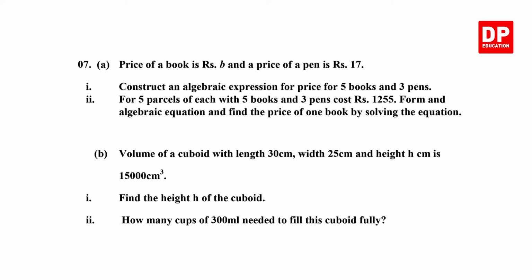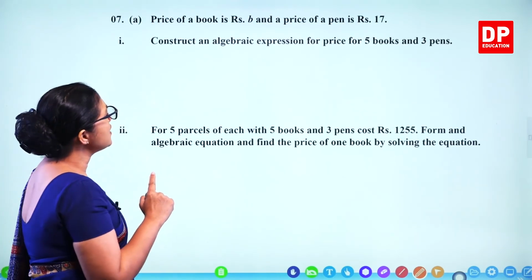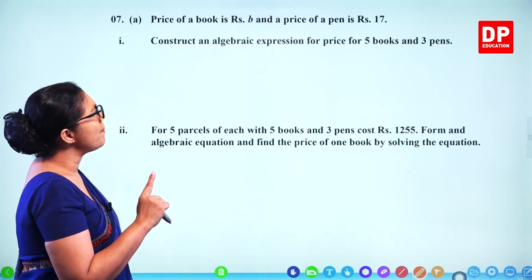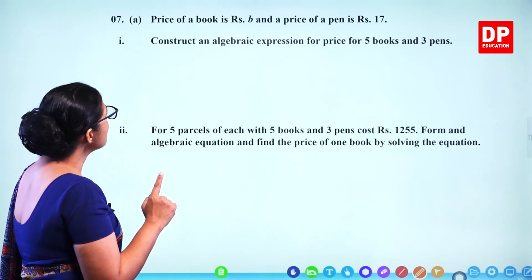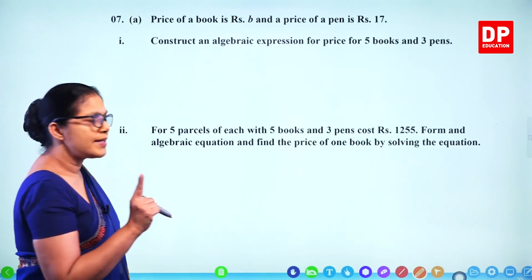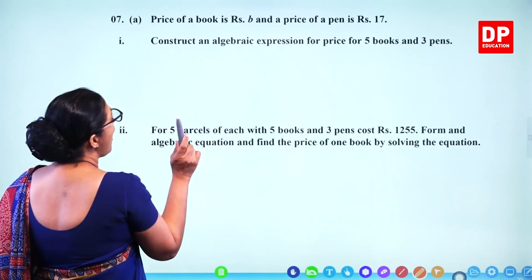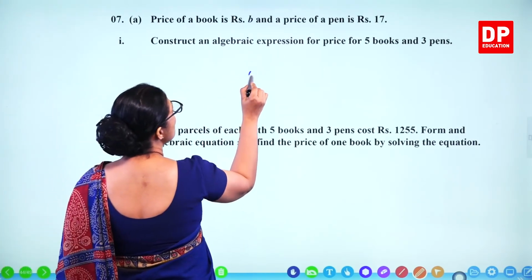Let's do the last question in this paper. Question number 7. Price of a book is B rupees and price of a pen is 17 rupees. Construct an algebraic expression for price of 5 books and 3 pens. So let's do that. 5 books, 1 book is B. So that's 5B.